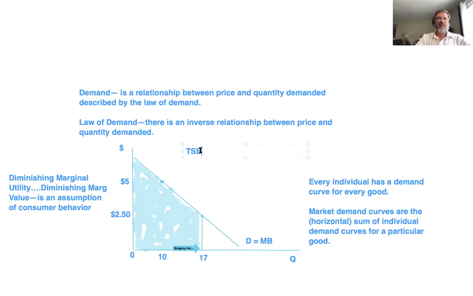It's that the total social benefit is the sum of the marginal benefit across all units consumed, which is just another way of saying that we're adding up the willingness to pay of each of the consumers to get a value to society, or the total social benefit of some gift.